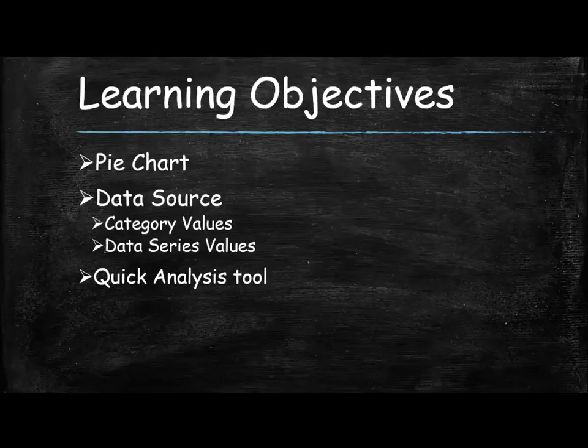And lastly, we learned that Microsoft has created a few more ways for us to create charts. The Quick Analysis tool is one of those. You can also use the Recommended Chart tool, and then you can always use the original way to do it, which is just insert and go to the chart category you would like.